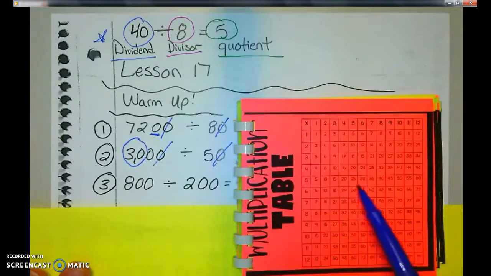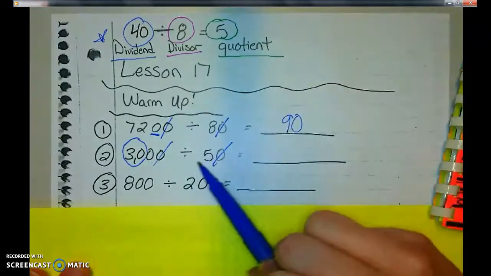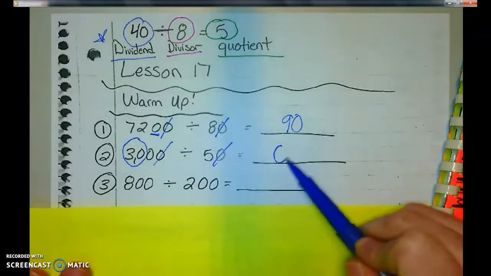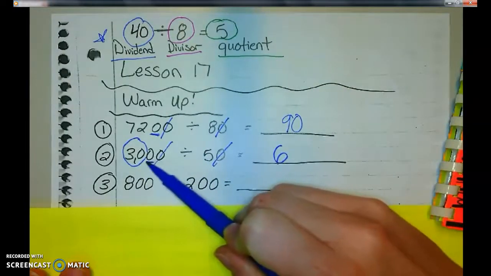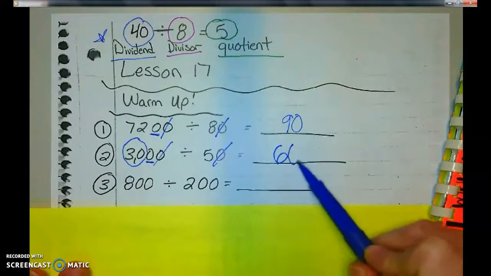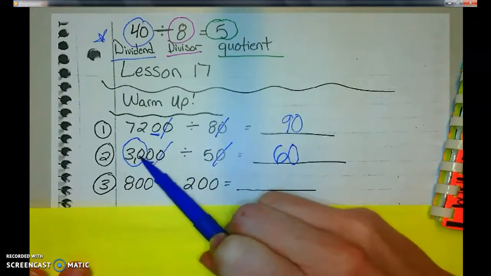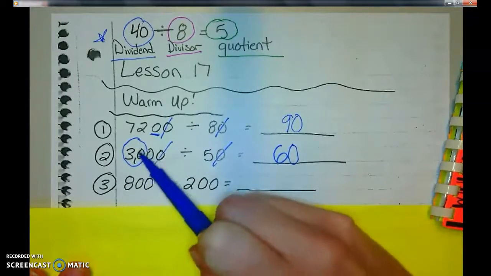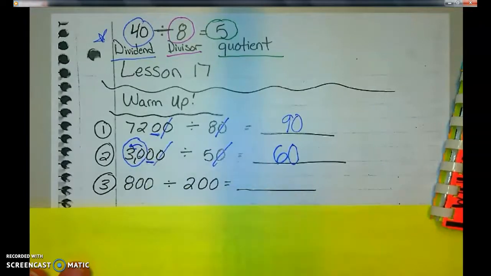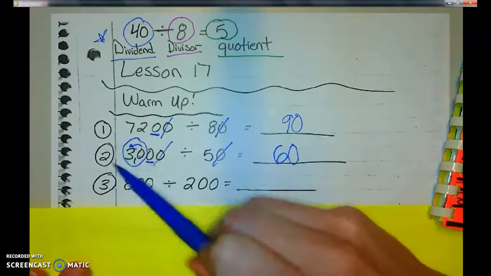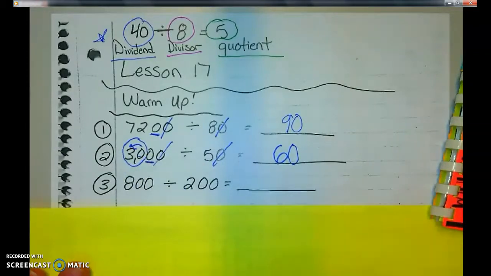And that is going to give me 6. So 30 divided by 5 is going to get me 6. Now there's only 1 zero left over, so I'm only going to have 1 zero here. Technically there are 2 zeros not crossed off here, but one of those zeros is connected to that 3 to make it a 30. So after I circled that 30, there's only 1 zero left over.